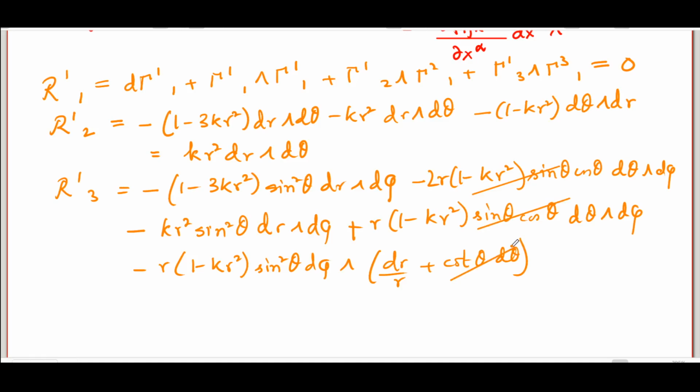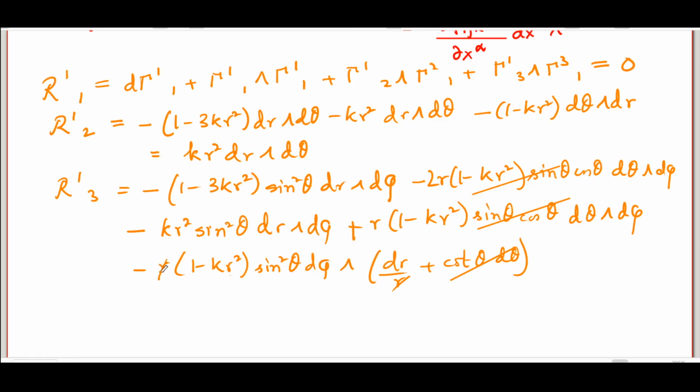What about the other case? Well, here note the r has cancelled with the r. So once again you have a situation where you have 1 minus 3k r square sine square theta extra here as opposed to the previous calculation, but essentially everything else is the same. dr wedge d phi. Here you have plus 1 minus kr square sine square theta dr wedge d phi again.